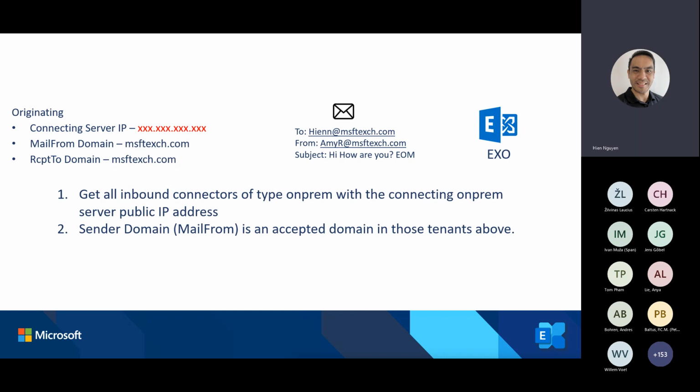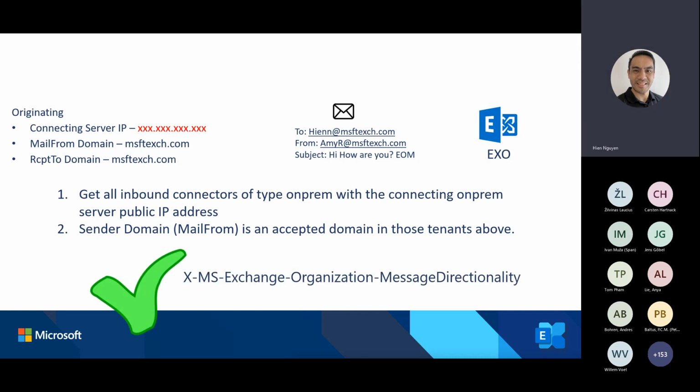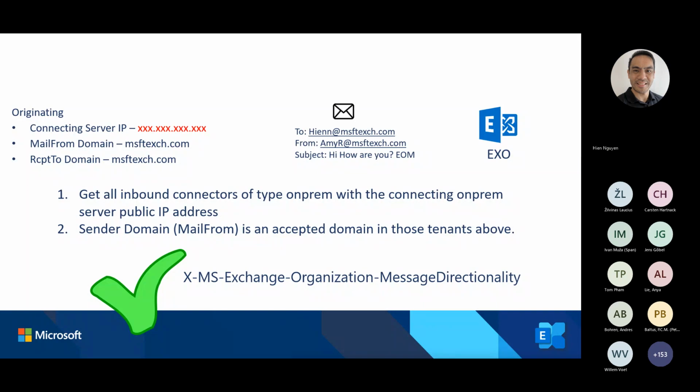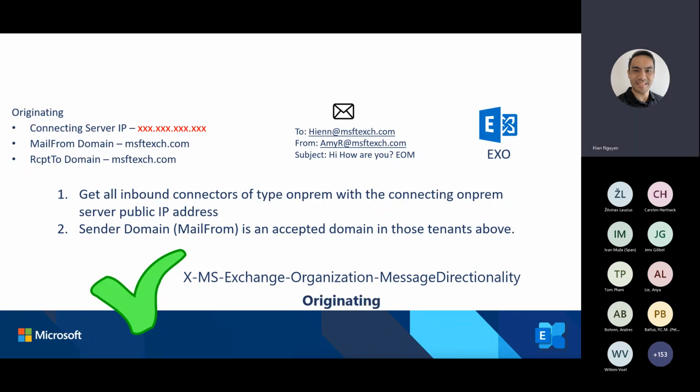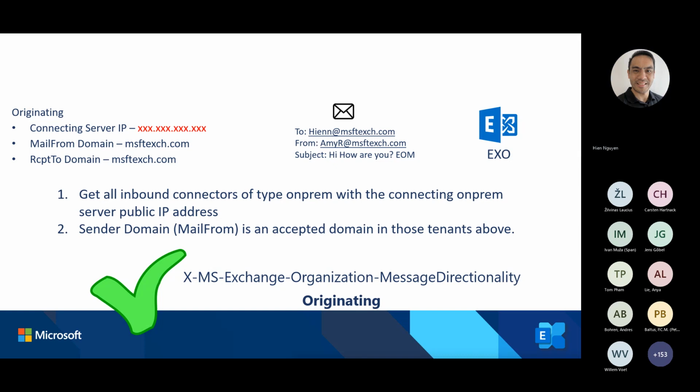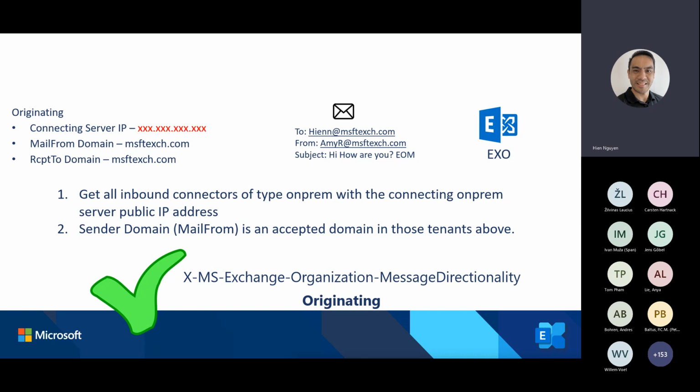We check that the sender domain in mail from is an accepted domain in the tenants that were found with that public address. And then if that is found, we stamp the Exchange organization message directionality header as originating. So in both scenarios, certificate or IP, if they pass, they come back as originating.